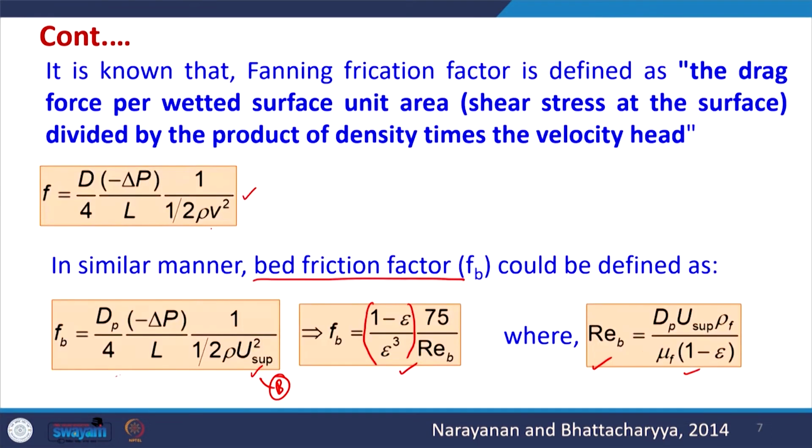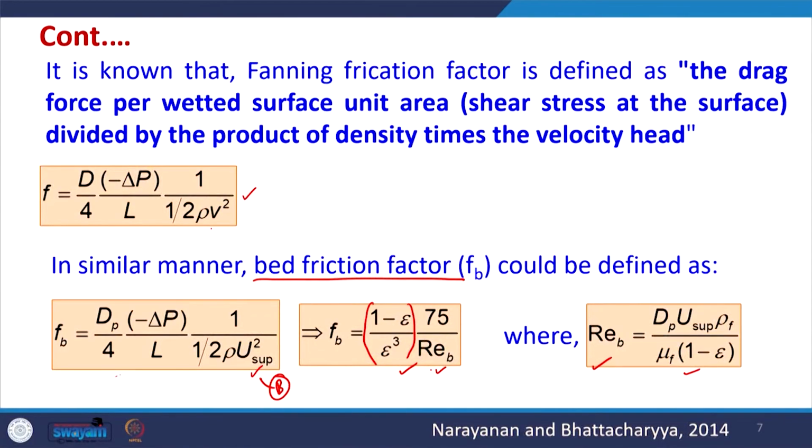Now, these equations can be applied only under certain conditions, with respect to flow rate, etc. So, we have to cross-check the ranges of Reynolds number under which we have to apply them.